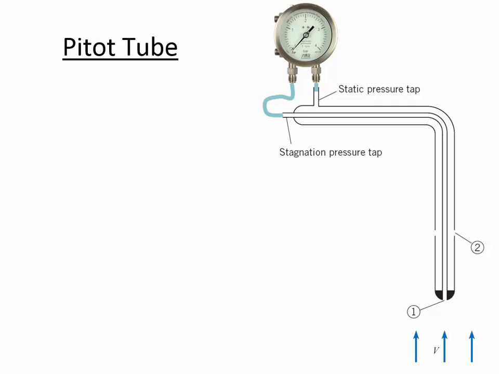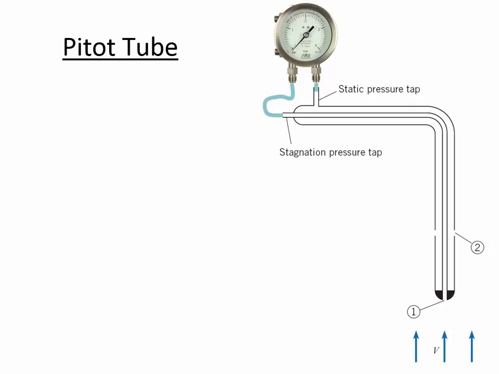And so it's measuring just sort of the environmental pressure without any additional increase. And so at location 2, it's sort of measuring how much of the pressure at 1 is due to the normal atmosphere compared to how much of it is that additional increased pressure because of the stagnation point.